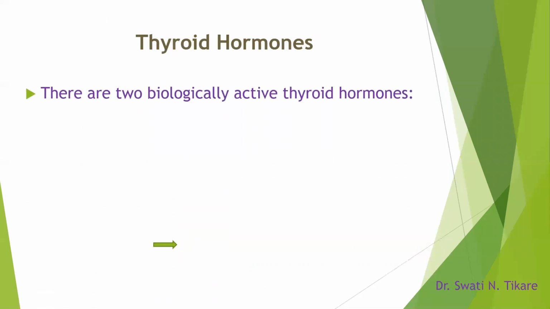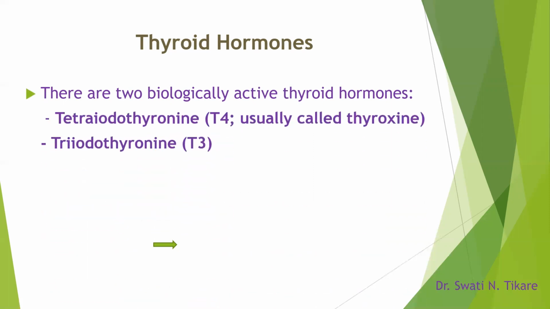Before that, let's have a look at what are the hormones that are produced basically by the thyroid gland. The thyroid hormones include two biologically active substances. The first one is tetraiodothyronine. Okay, so tetraiodo, at four places it is iodinated. Tetraiodothyronine, T4.